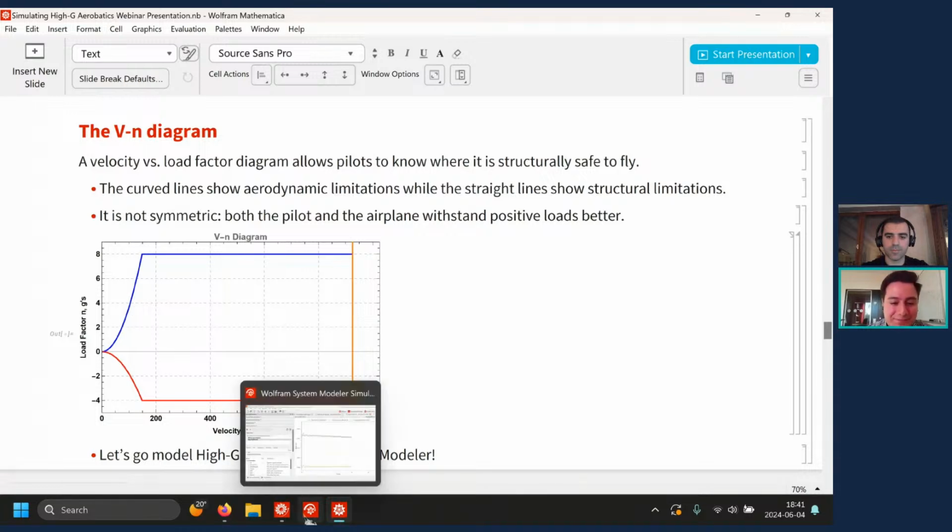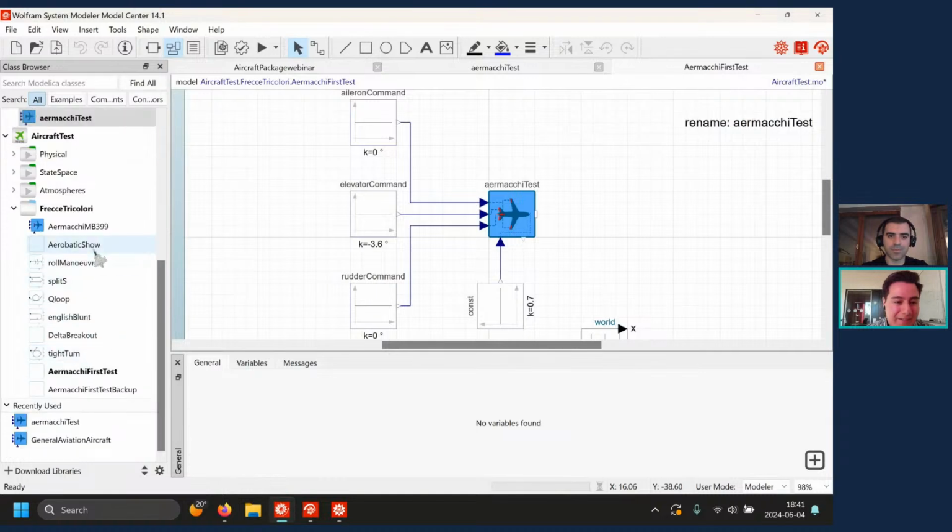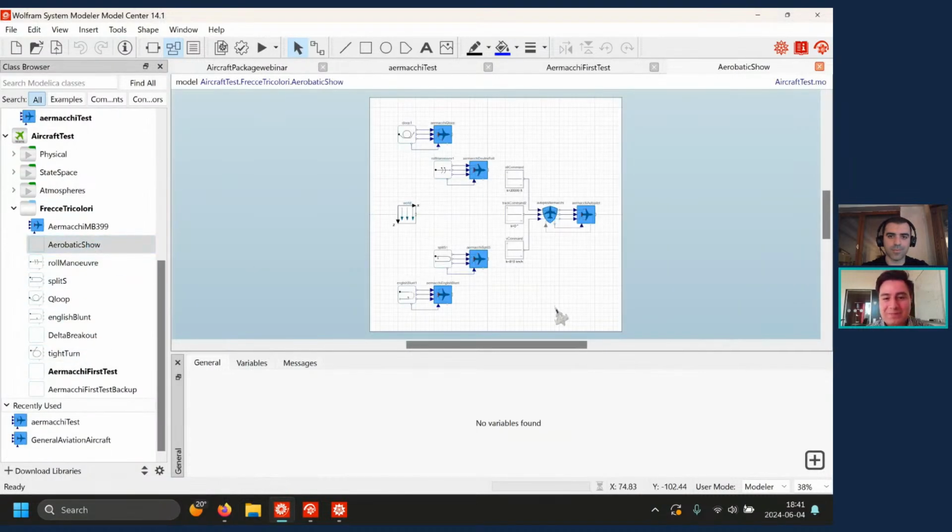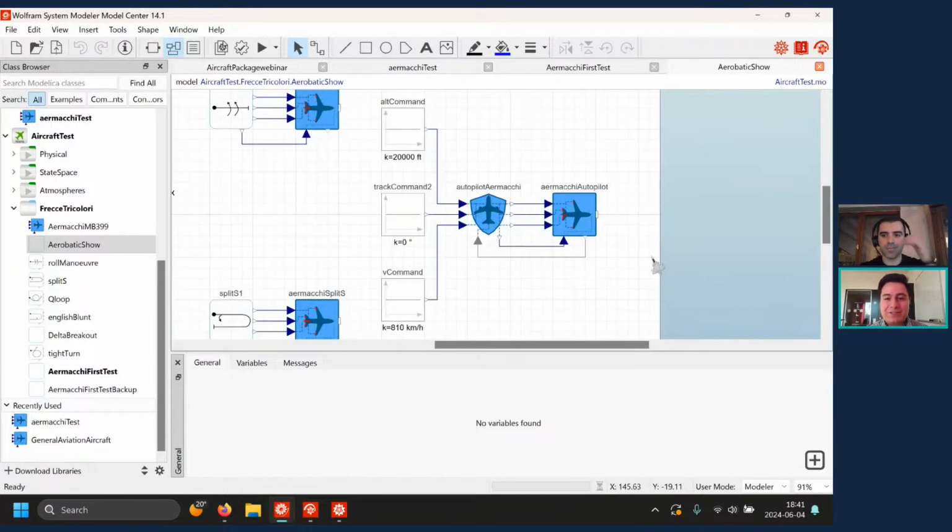with the airplane we just saw. Right now, I have this aerobatic show prepared for you with 5 airplanes. The first one is just going to be connected to an autopilot. We have a collection of autopilots that you can use and you can try to use for your own airplane. Hopefully one of them will fit just right.